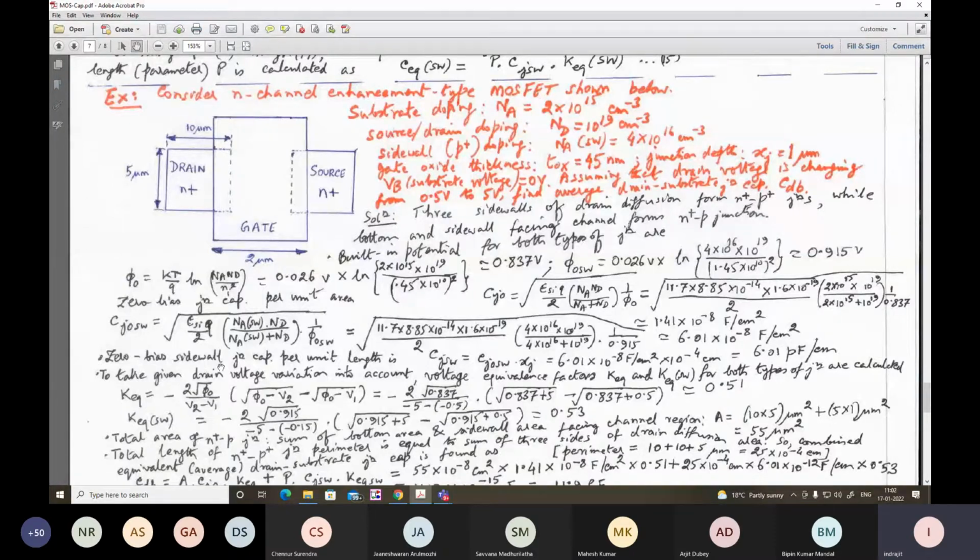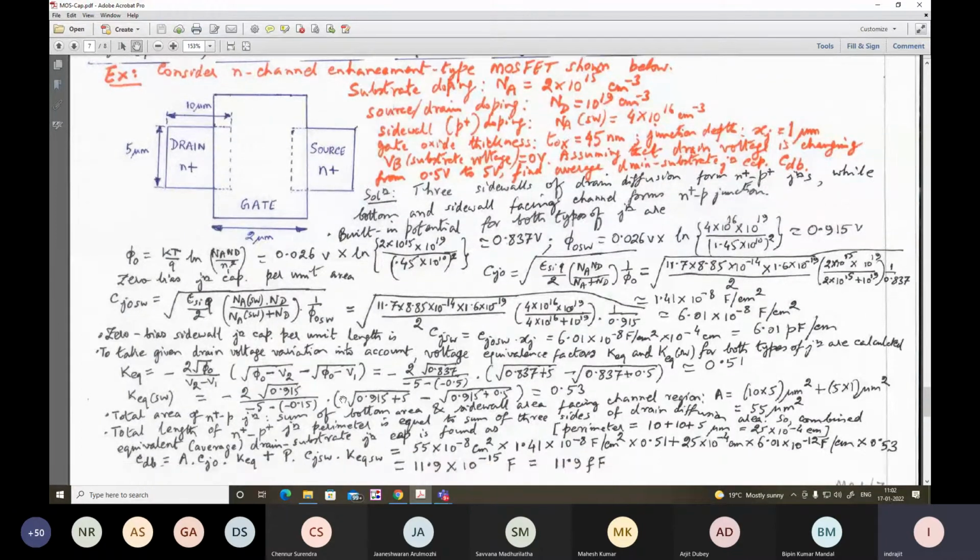Then we calculate CJO for the sidewall, that means the zero bias capacitance per unit area, that is 6.01 into 10 to the power minus 8 farad per centimeter square. Then we pre-multiply it with the junction depth, that means the height of the wall, that is 1 micrometer, and 1 micrometer equals 10 to the power minus 4 centimeter. So we have the zero bias sidewall capacitance per unit length, that is nearly 6 picofarad per centimeter.